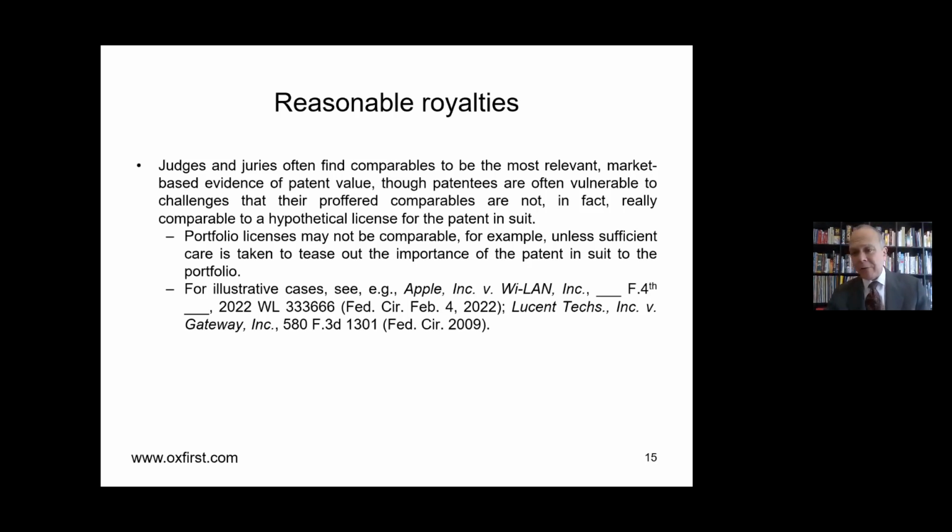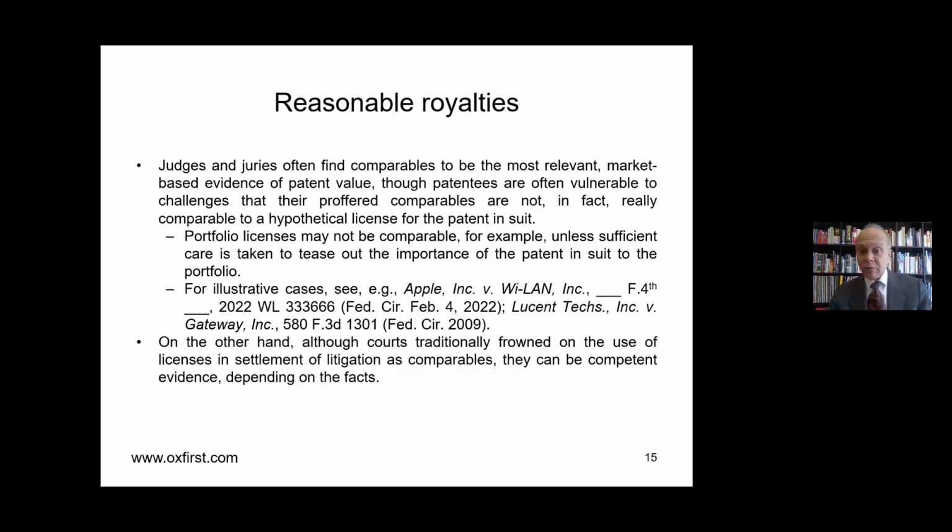Probably the leading Federal Circuit case on this topic in recent years, however, is Chief Judge Michel's decision in Lucent versus Gateway. Also, on occasion, courts may consider a license entered into in settlement of litigation as a comparable. Traditionally, that was not done, but there is some authority for that as well.